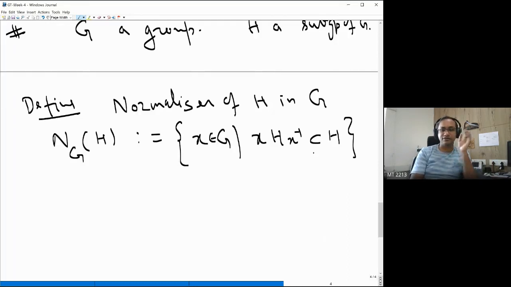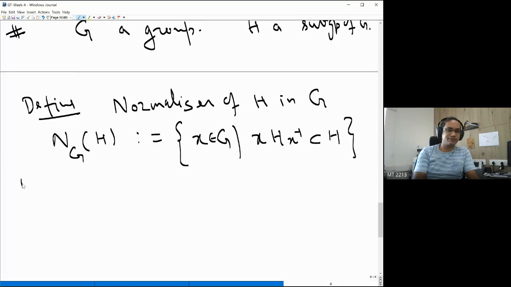Both are the same. It will turn out that both are the same, like we saw earlier. So this is the normalizer of H in G. So you can notice that if H is a normal subgroup, then the normalizer is itself. You can't have something more. And the normalizer of H always contains H.